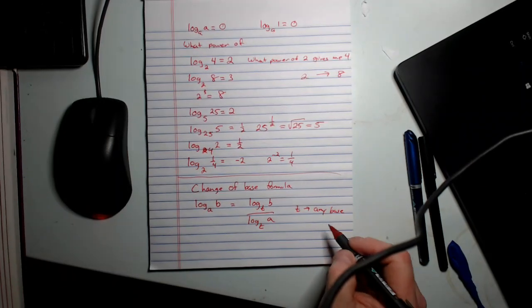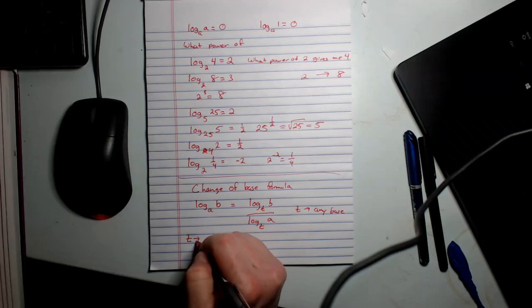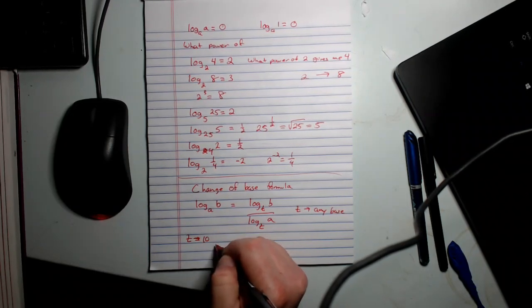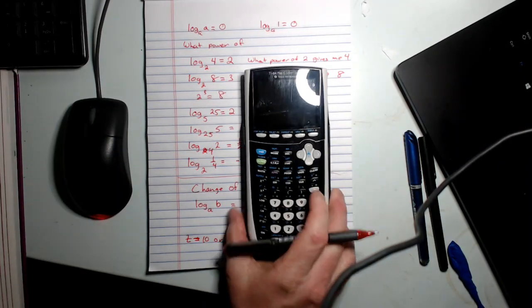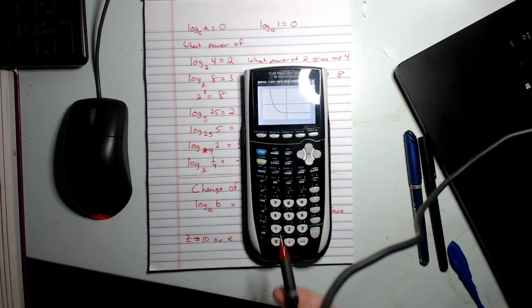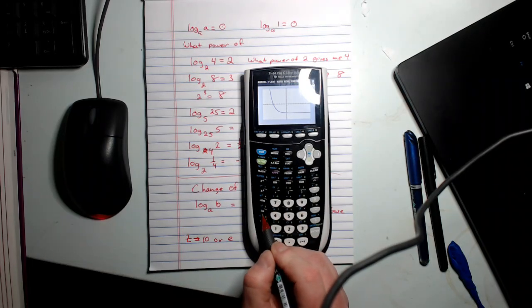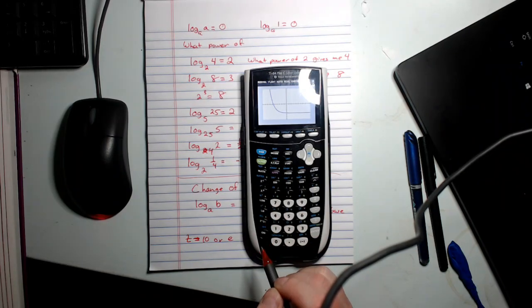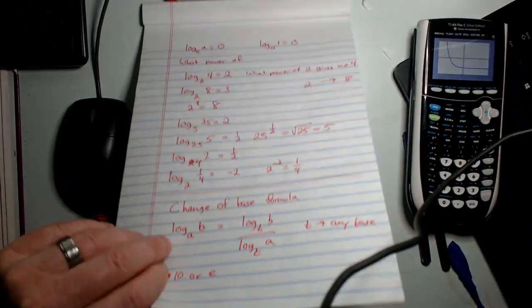Now for us, we're going to make that t equal either 10 or e. And the reason why is because those are the numbers that your calculator can do. This log here is log base 10, and this ln here is the natural log, or log base e.